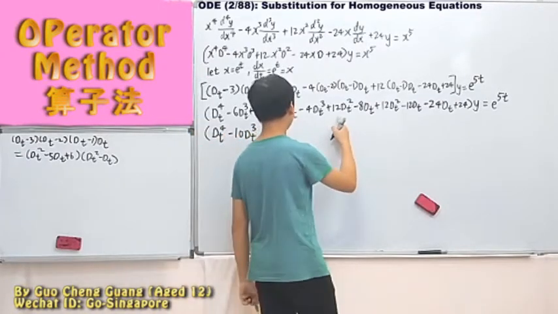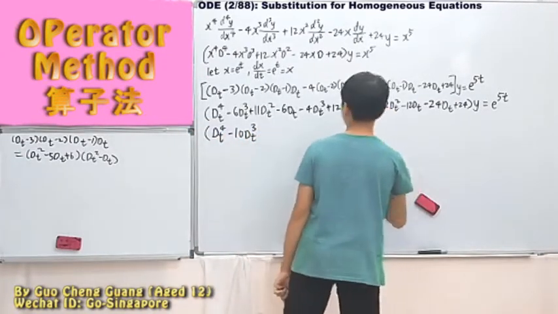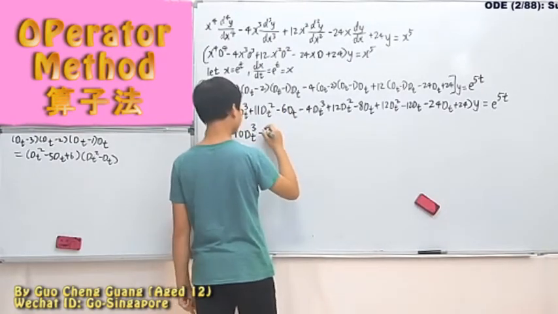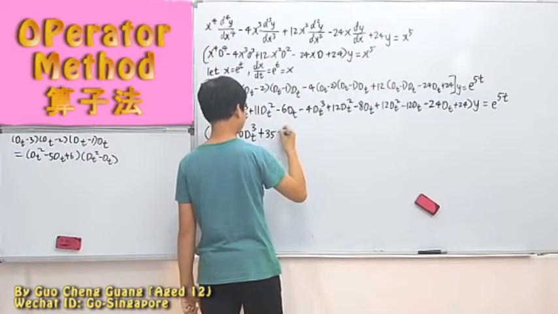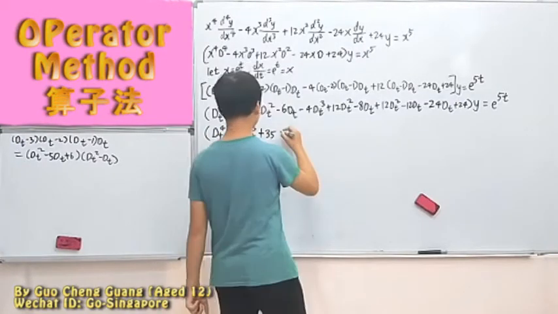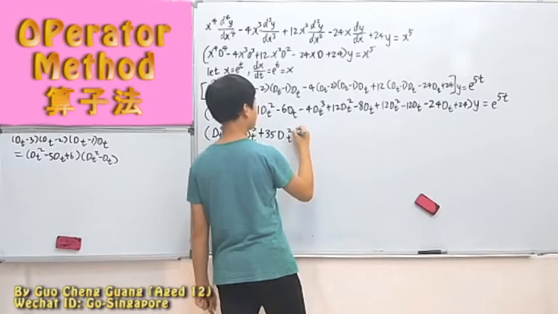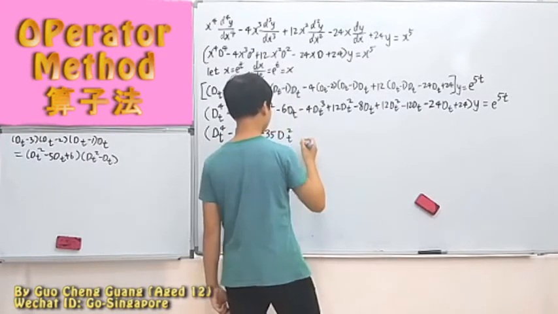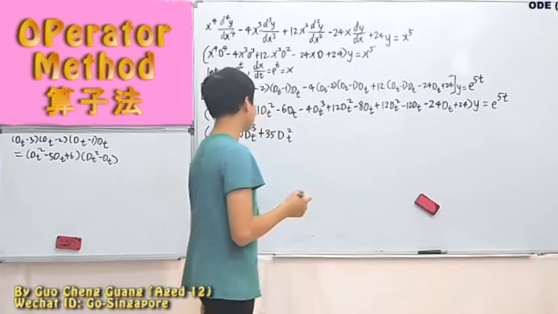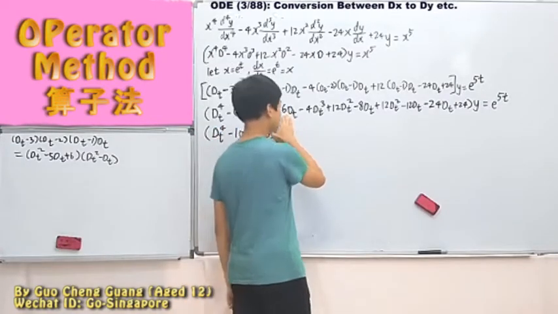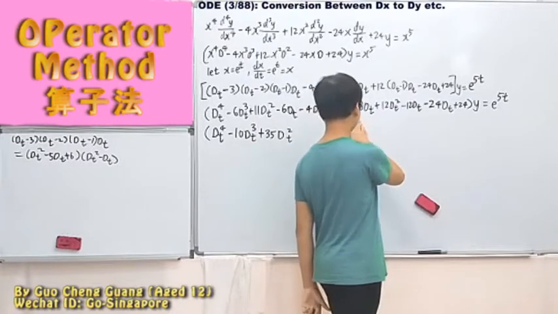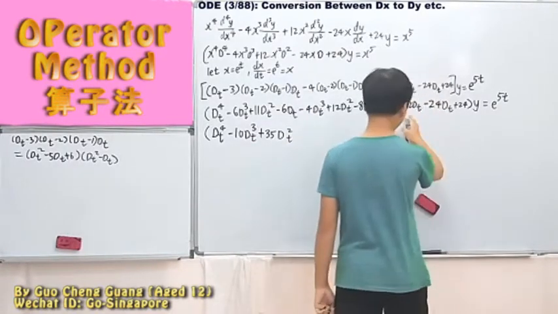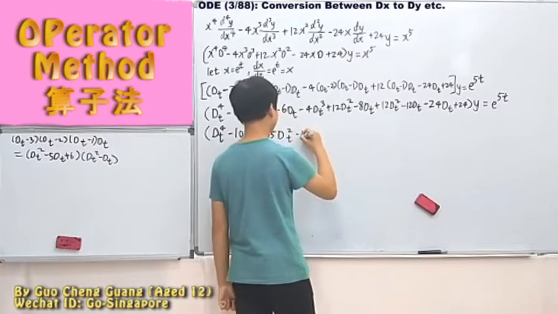Then 11 and 12 make 23, then 35. Then for just dt, negative 6, negative 8 makes negative 14, negative 12 makes negative 26, then negative 50.